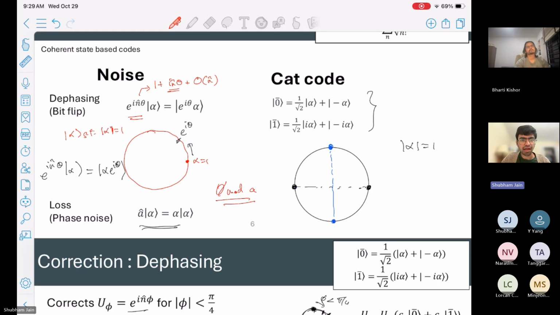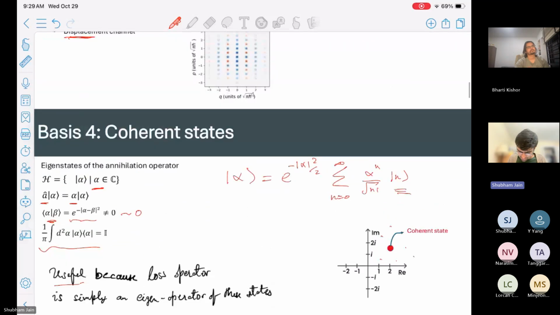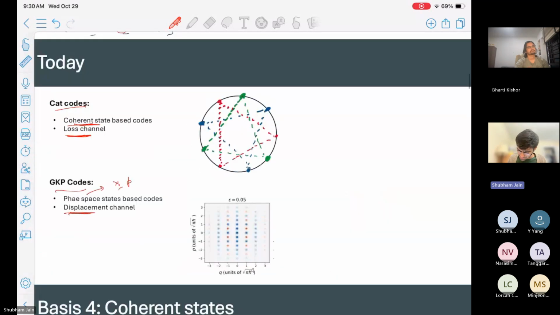And actually, the point is not even that for these cat codes usually. I think the reason they were motivated is because, for example, in this two-legged cat code, all your code states are highly separated. The simplest example of a cat code is not even the thing that I showed.